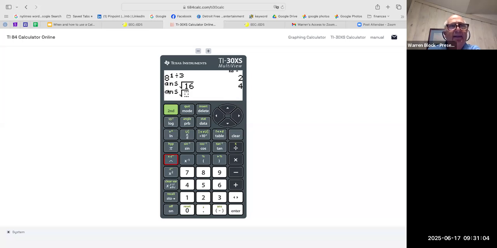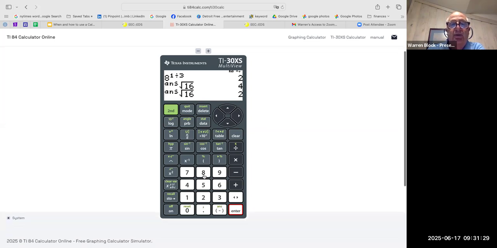What is that? Radicand? No. I don't know what we call that anymore. It's been 15 years since I taught that. So we'll do the 4th root of 16 again. And we get 2.